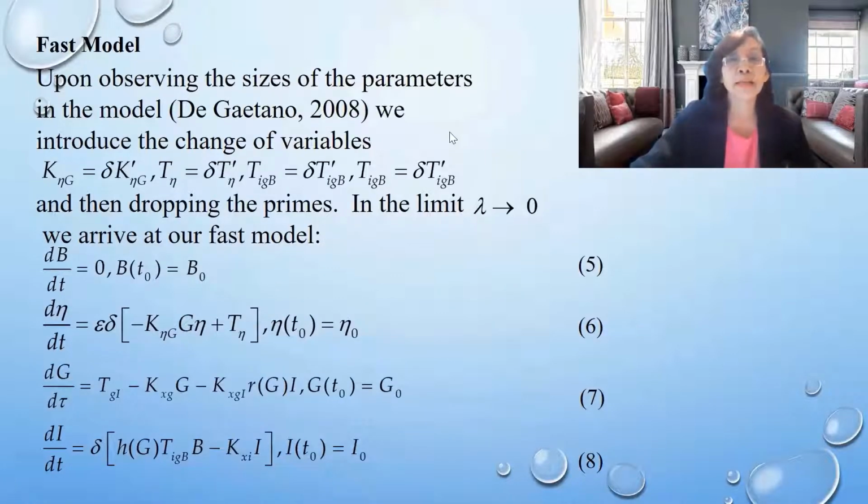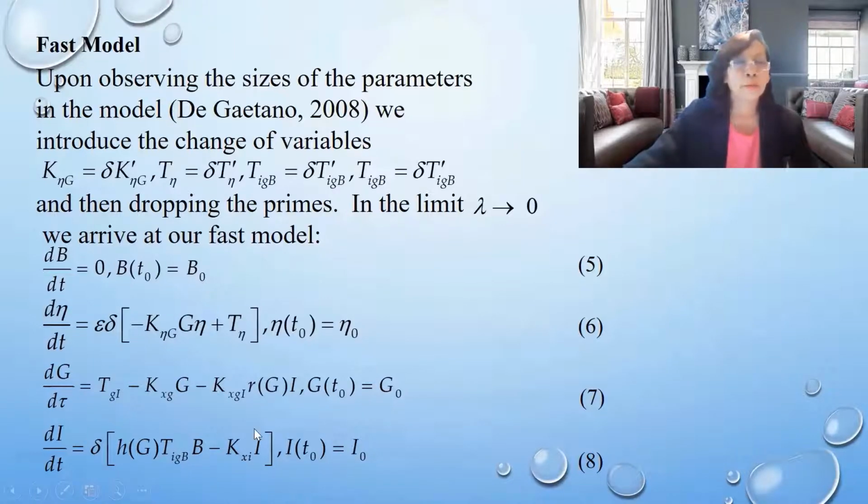Upon observing the sizes of the parameters in the De Gaetano model, we can introduce the change of variables seen here, and then dropping the primes. In the limit as lambda goes to 0, we arrive at our fast model here, where B changes very slowly, so that we can assume that its derivative is extremely small, approximately 0.